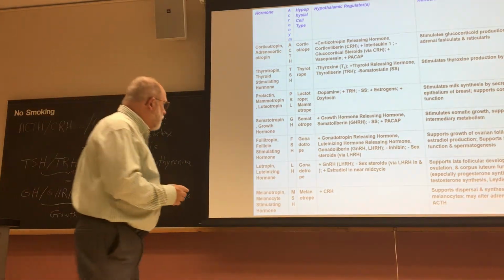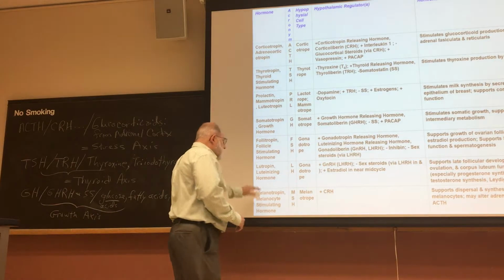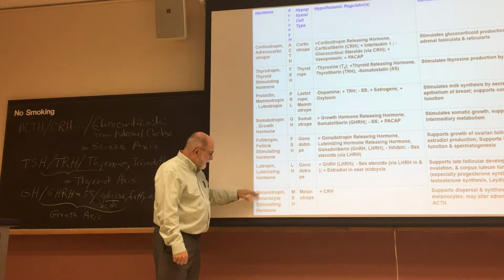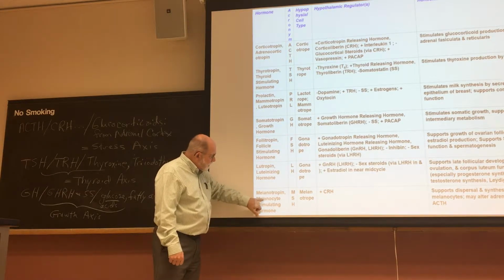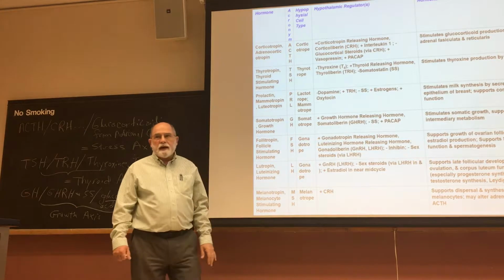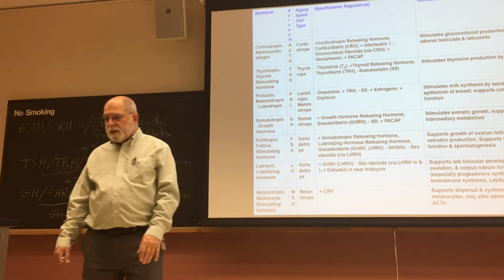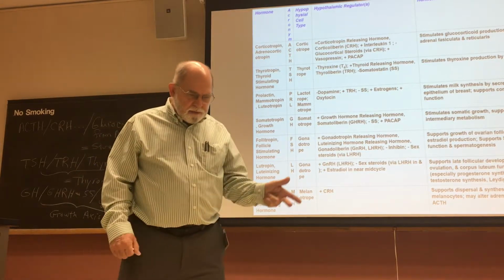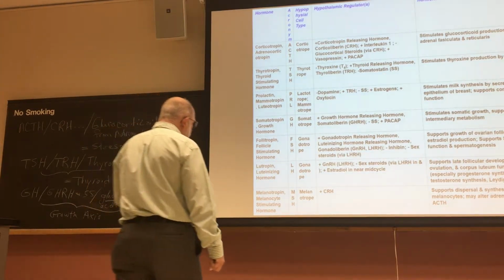Okay. The last one on the list, we'll get back to prolactin in a minute. The last one on the list is melanocyte stimulating hormone, MSH. There are actually about 4 flavors of MSH. So there's alpha, beta, and gamma. I think there's one more.